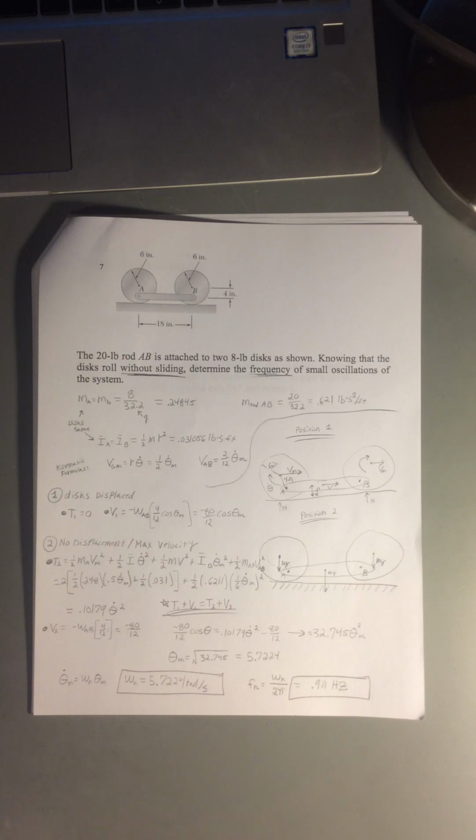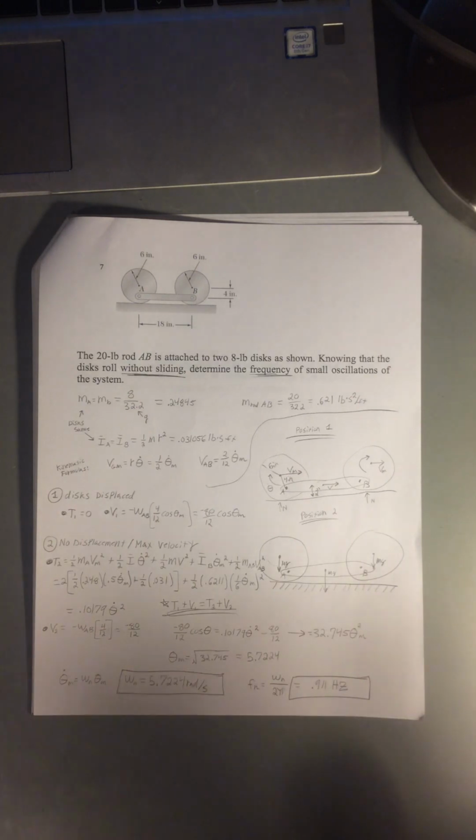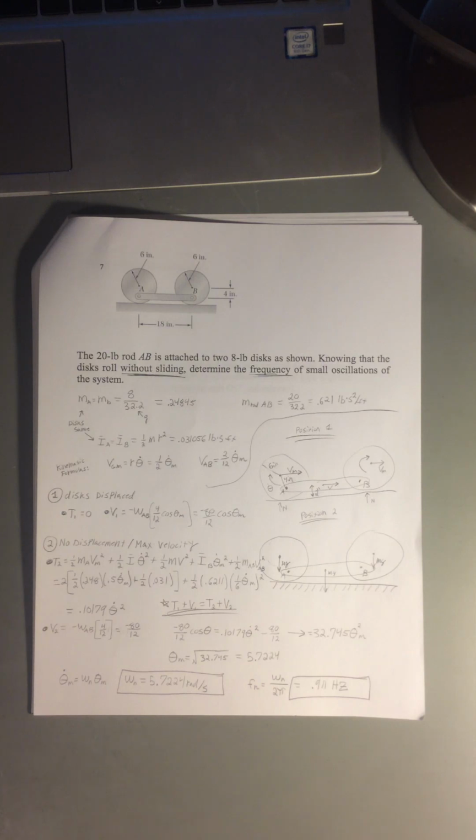And we're told that these disks roll without sliding, and so we don't have to worry about these disks sliding when we solve the problem. And we're told that these disks oscillate back and forth slightly, making small oscillations in the system. And we're asked to determine the frequency of those small oscillations.